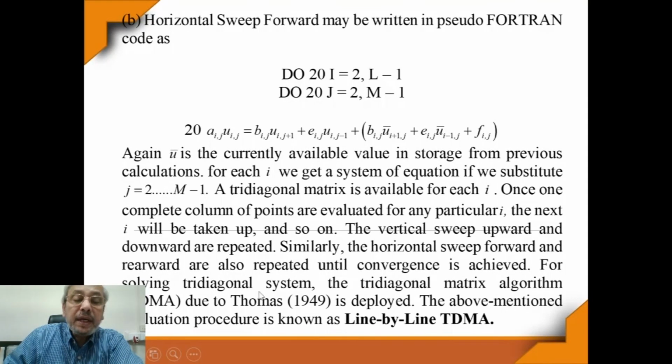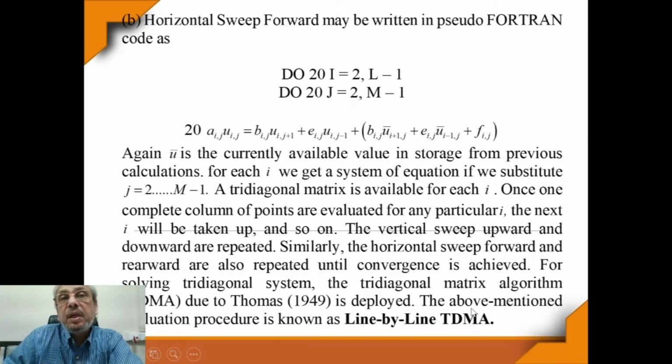For solving the tridiagonal system, the tridiagonal matrix algorithm, TDMA due to Thomas, which we have already used, the Thomas algorithm, is deployed. So this is called line by line TDMA.